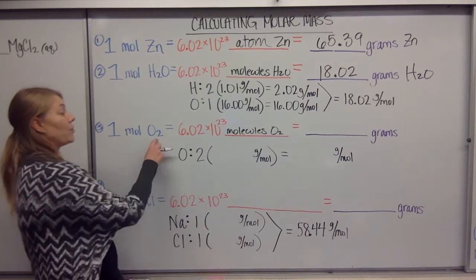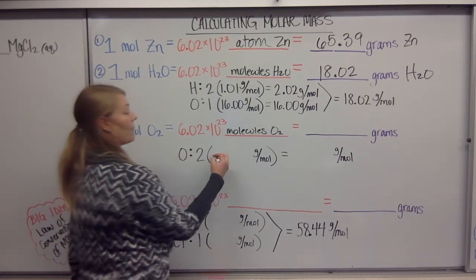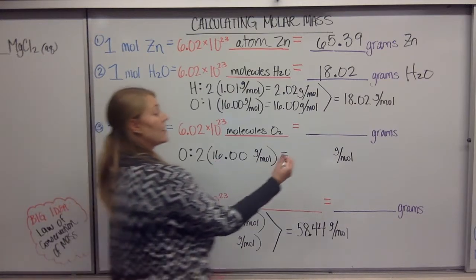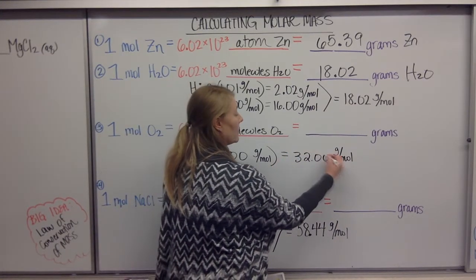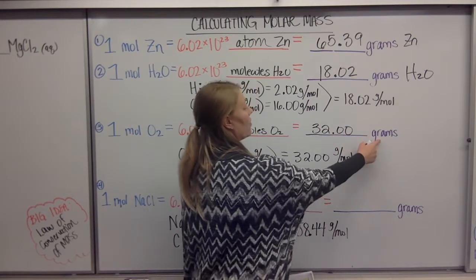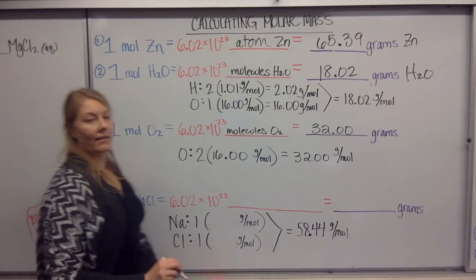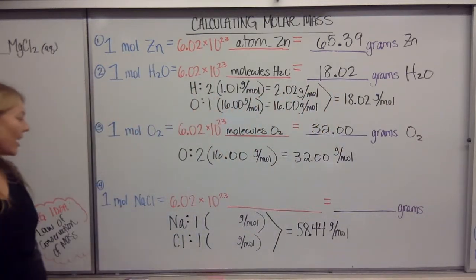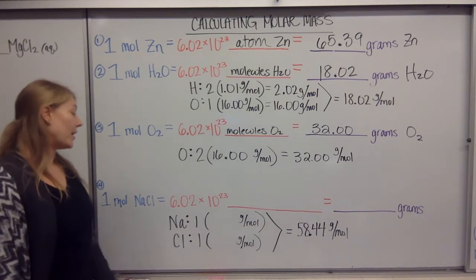Well, we have 2 O's, so 2 times the molar mass of oxygen, 16.00. 2 times 16 gives you 32 grams per mole. So you have 32.00 grams in 1 mole of oxygen, right? So grams of oxygen. All right, our last one is again going to be a calculation.